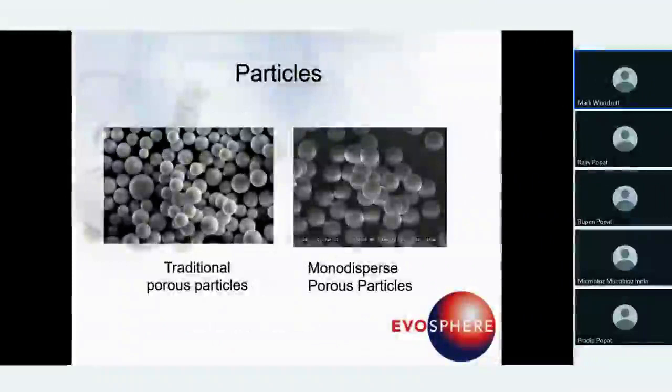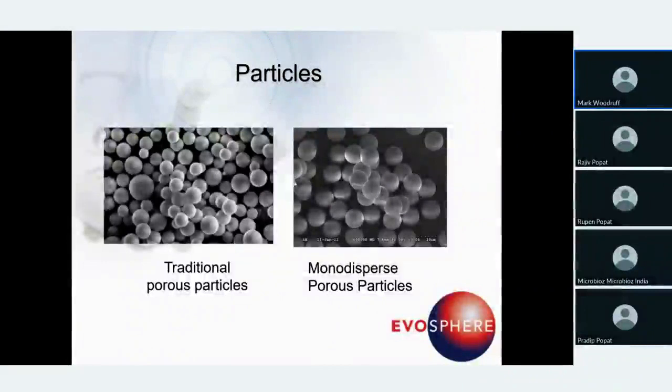Just to take a step back slightly to efficiency alone before we move on to resolution. When you've been provided silica particles in the past, the image on the left is quite a good representation of what happens within the column. So when you have a 5 micron particle column from any manufacturer, what you actually have is an average of 5 micron particles, and you have a Gaussian distribution, which also means that you will have some 4.5 micron particles, some 5.5 micron particles.